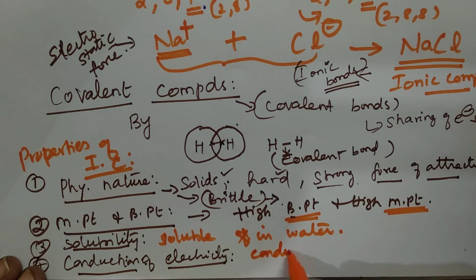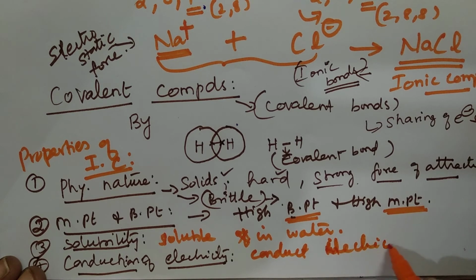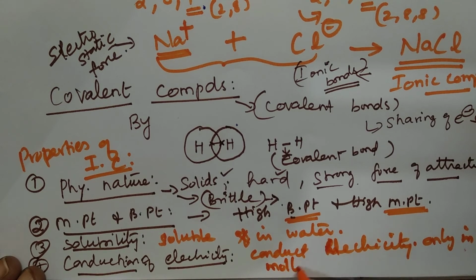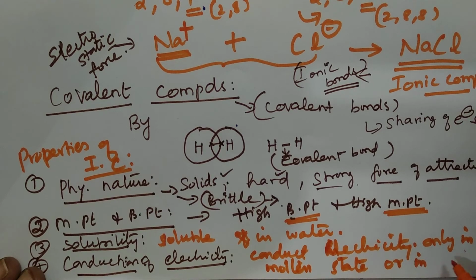They conduct electricity, but only in the molten state or in the liquid solution state. Once they get dissolved in water, then only they conduct. But they don't conduct in the solid state.